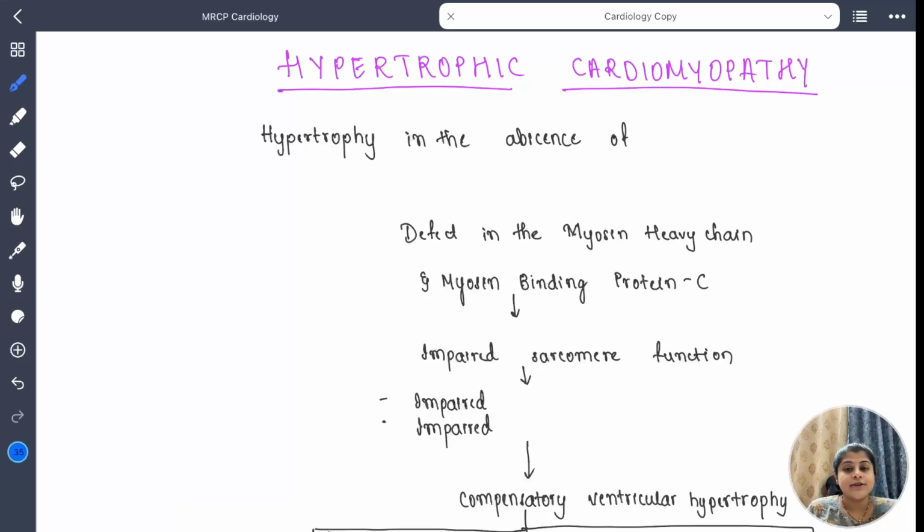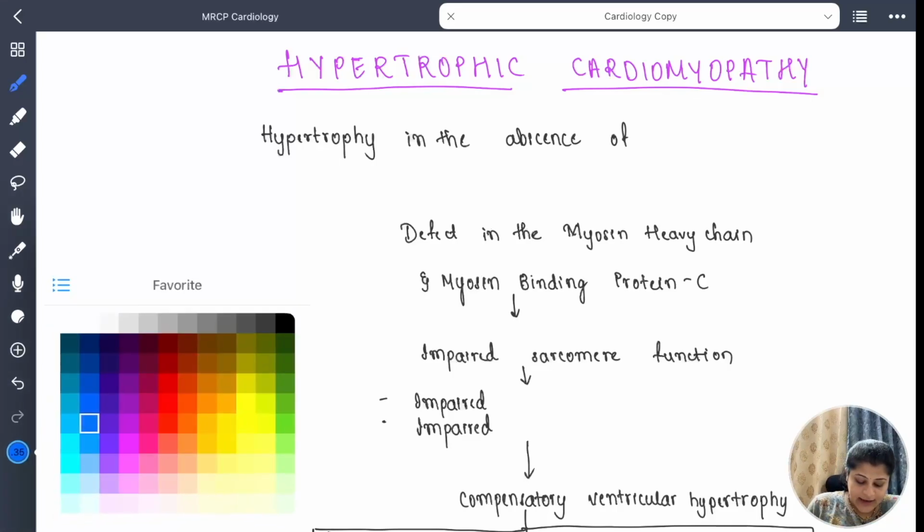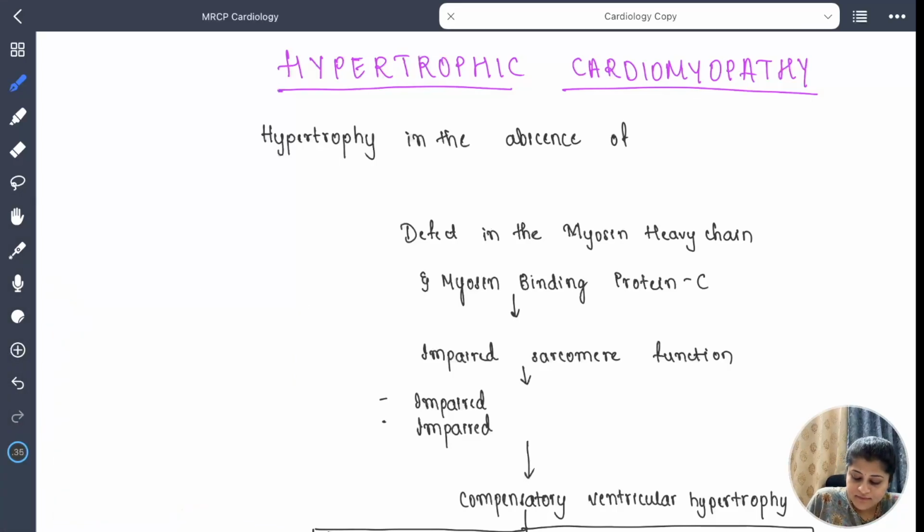But in this condition, there is hypertrophy in the absence of hypertension, aortic valve disease, and infiltrative and storage disease.